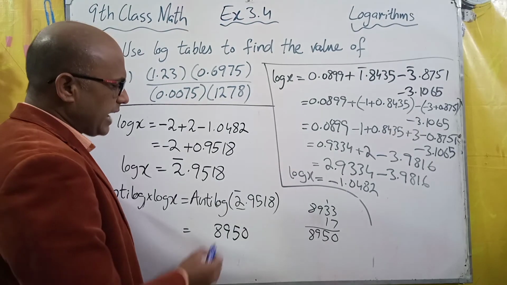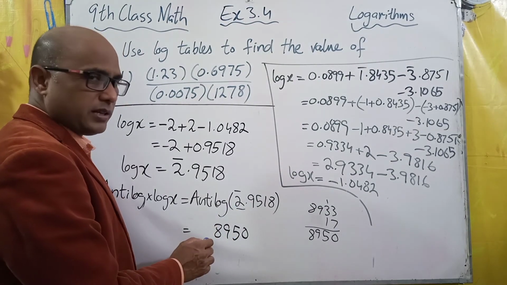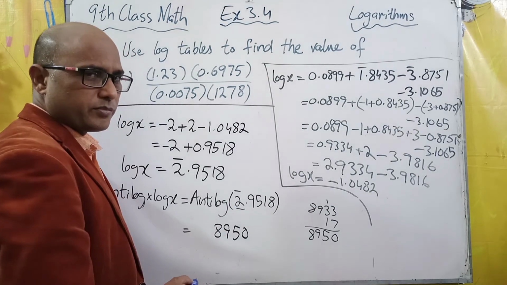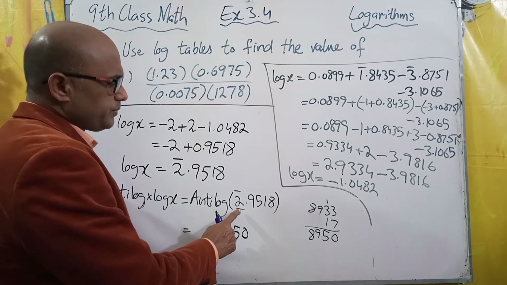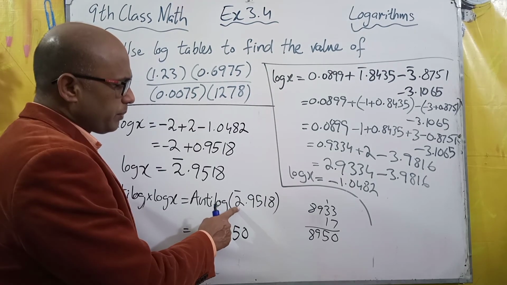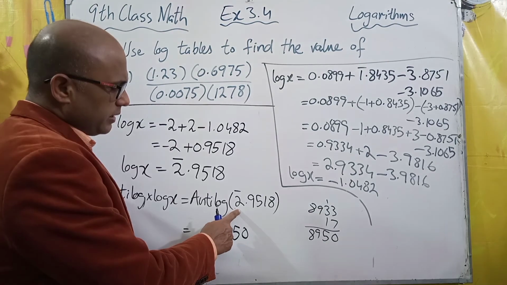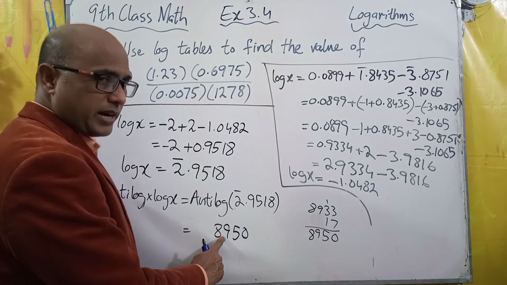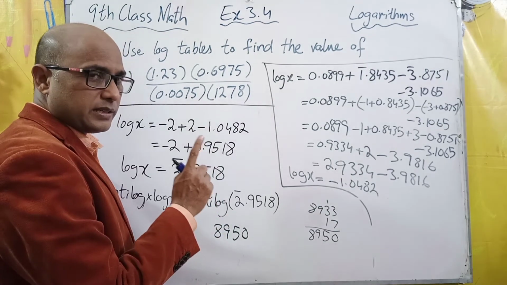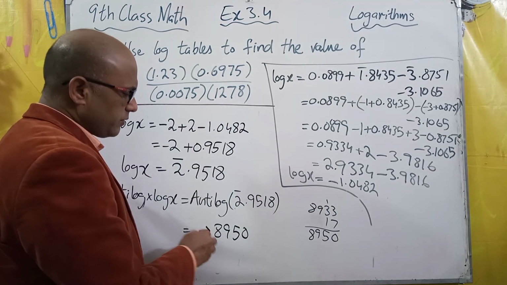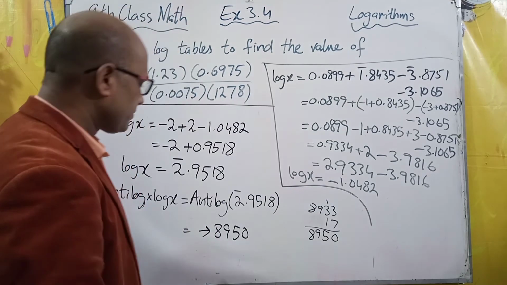It means we have to put its decimal back into this number. Students, if the characteristic would be 0, the point will be written after one number from the left hand side.